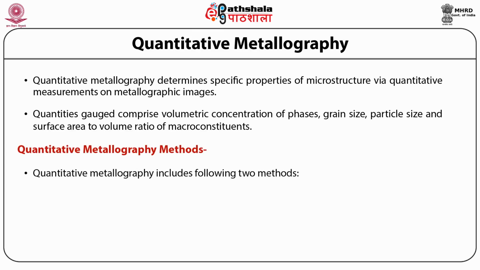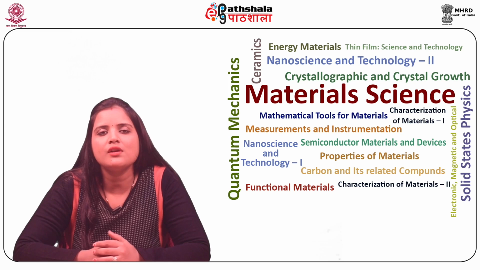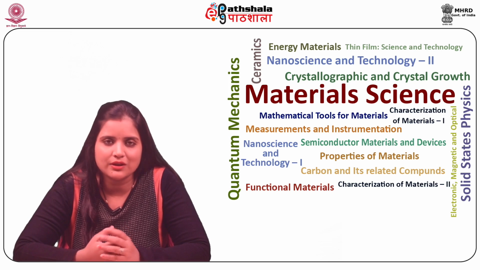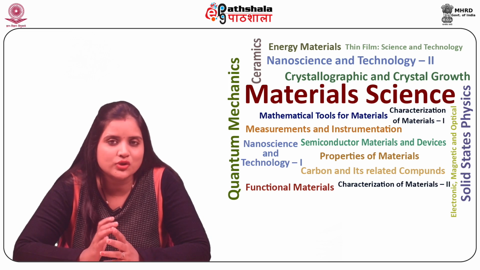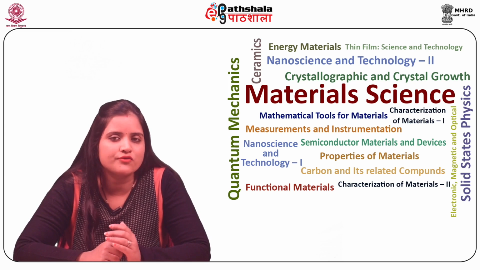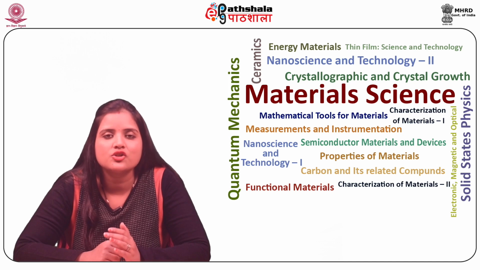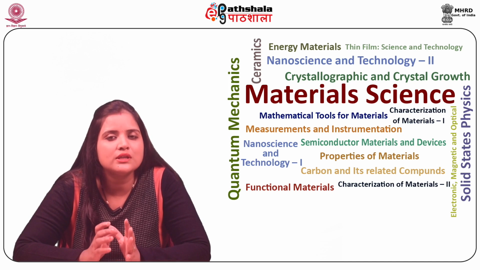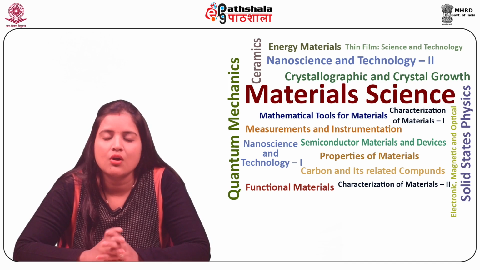Now, the quantitative metallography methods include two ways. The first one is the comparison method and the second one is the measurement method. We will now discuss the comparison method, the quickest routine analysis method, involving comparison of the microstructure images, that is micrographs, with a series of standard charts.